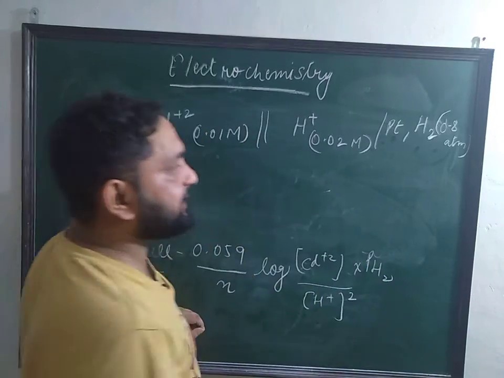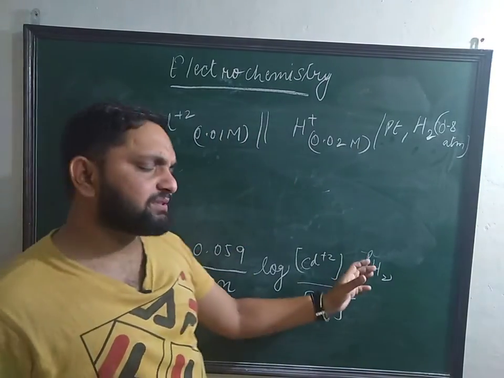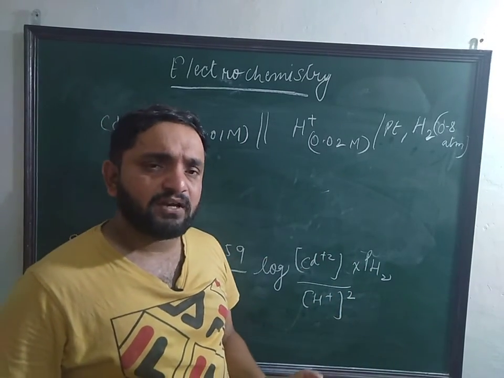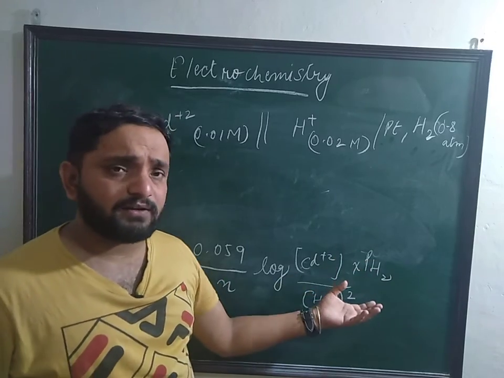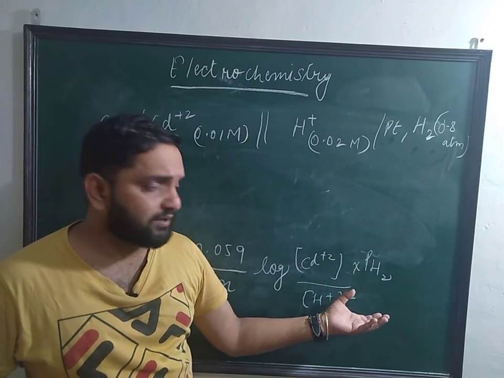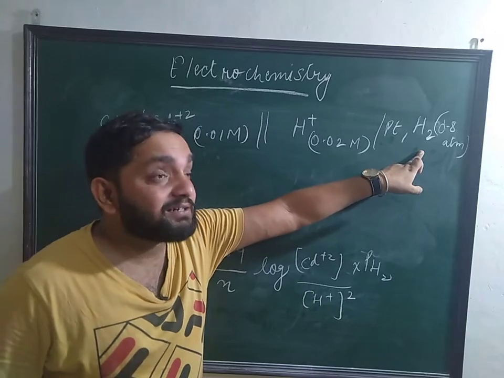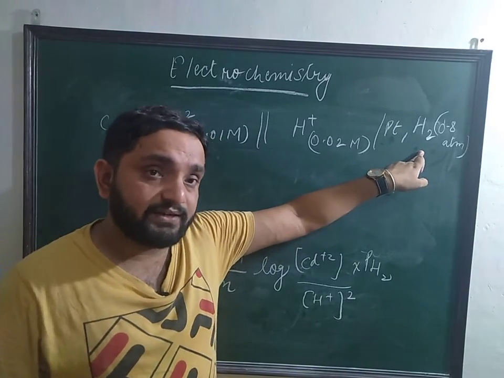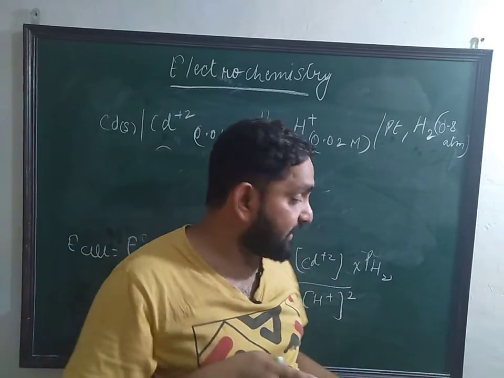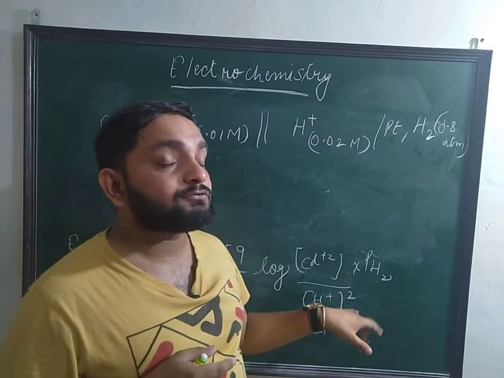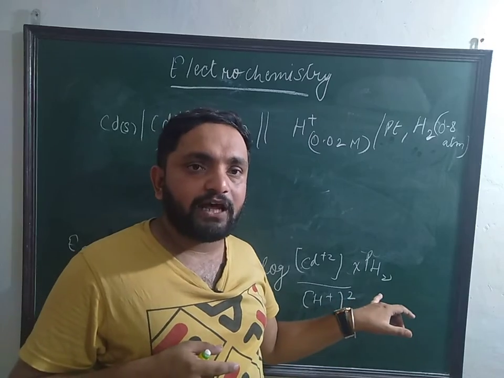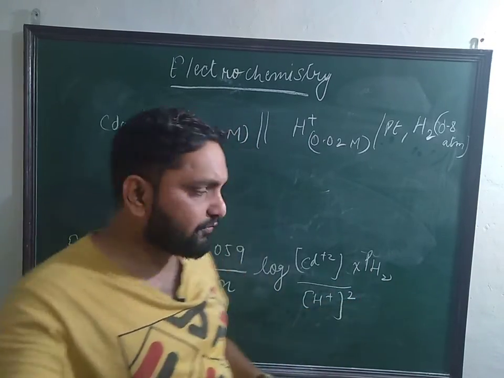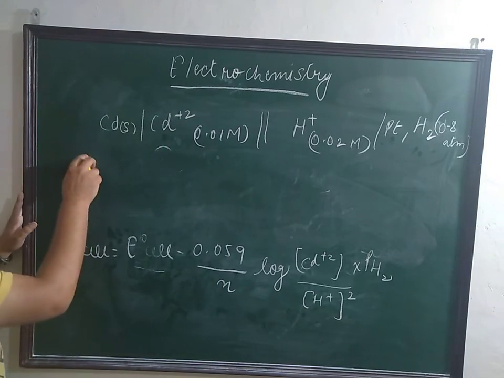We need not derive this; just keep it in mind. We are just asked numericals based on it. Here the standard hydrogen electrode is on the cathodic side, so you will have to multiply the pressure of the hydrogen gas. Now we can easily calculate.